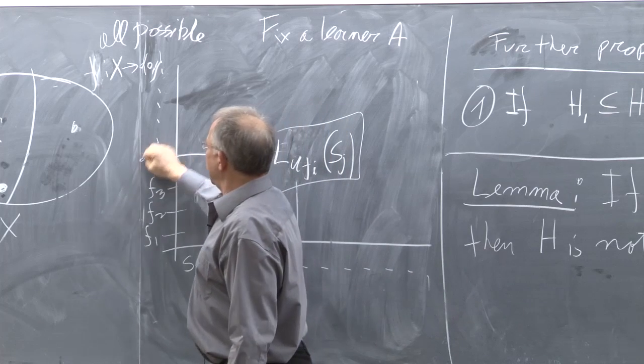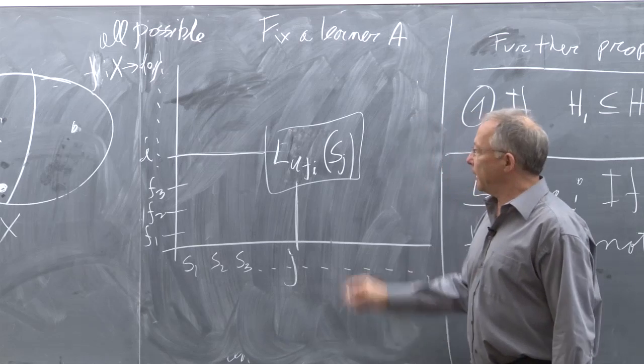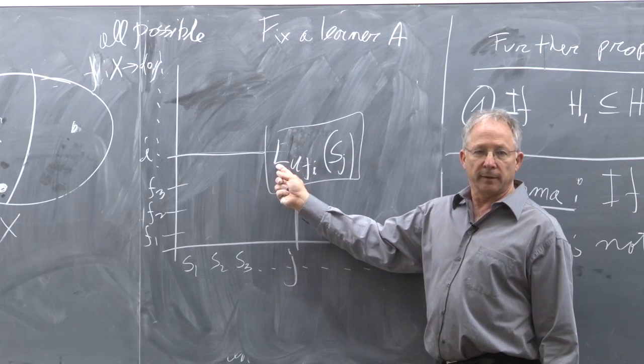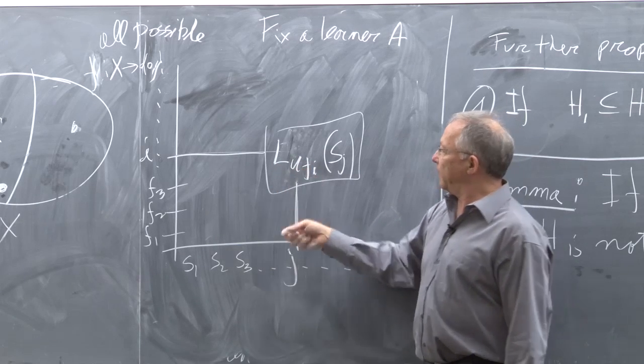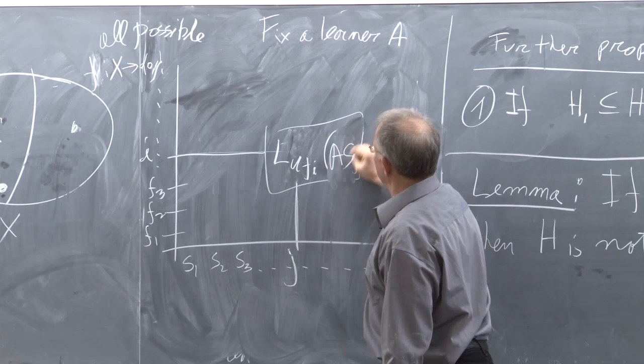So this is i here, and this is j here. Again, the loss, or the error, of my algorithm is A of S_j.